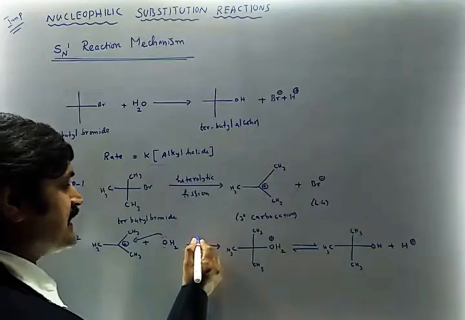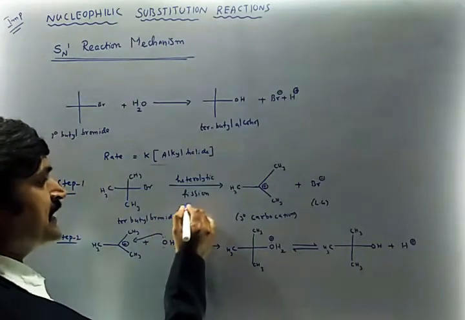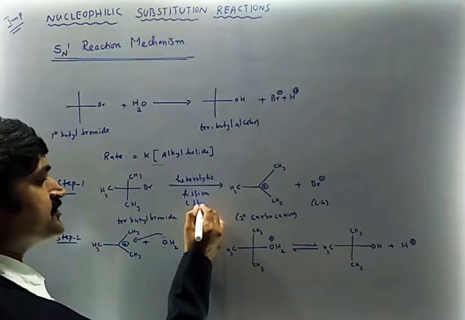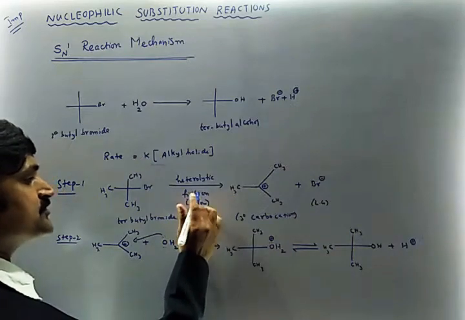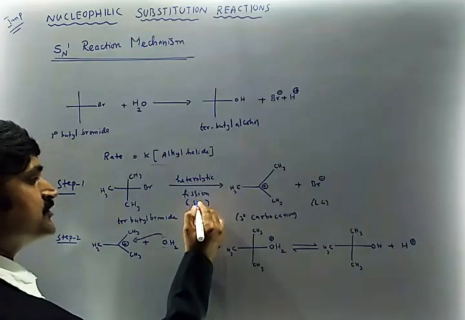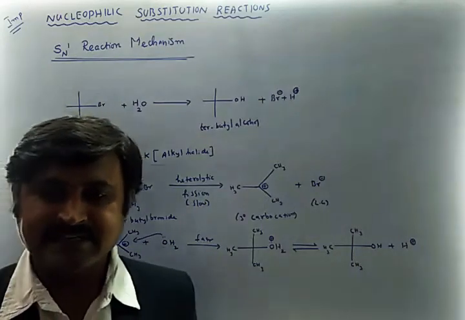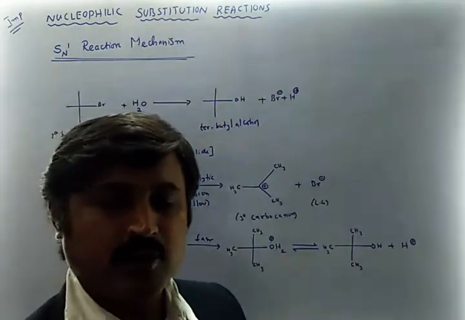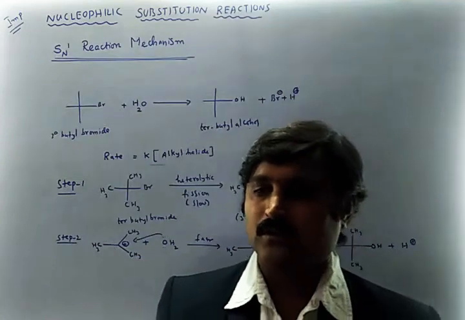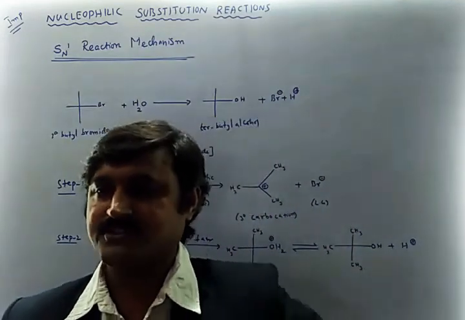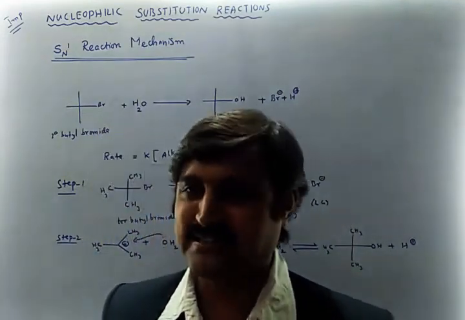This is a fast reaction. But the first step is a slow process. Attack of the nucleophile in the second step on the carbocation formed in the first step is a fast step.